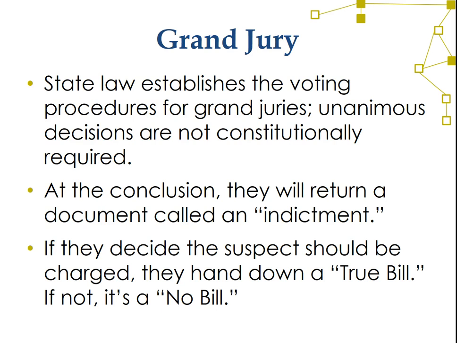And the defendant is considered indicted. Now, on the other hand, if the grand jury decides there's insufficient evidence to charge the person, it returns what we call a no bill of indictment, which prevents the prosecutor from filing charges in the future.